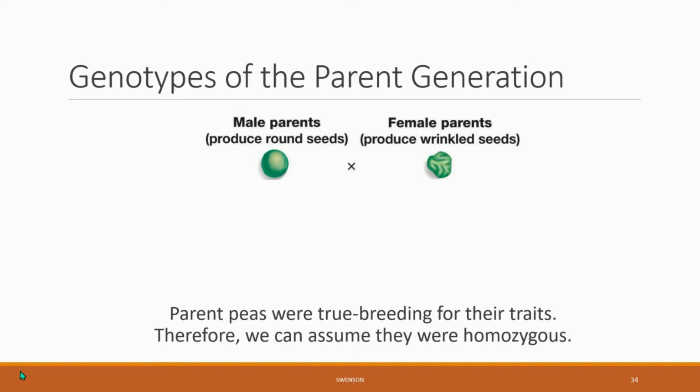Again, a true breeding strain for round or wrinkled seeds has a genotype for those alleles that is homozygous. Two capital T's for a round true breeding seed and two lowercase t's for a wrinkled one.